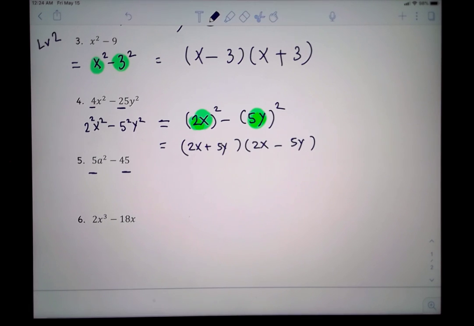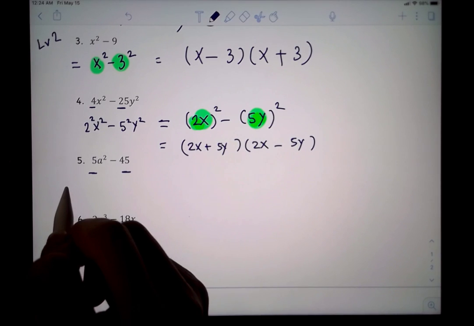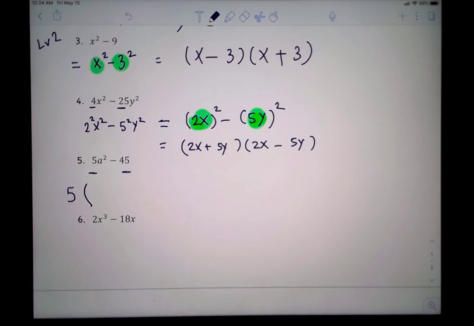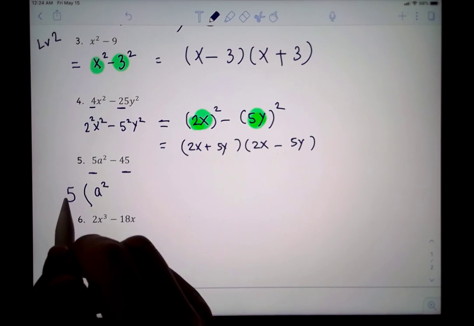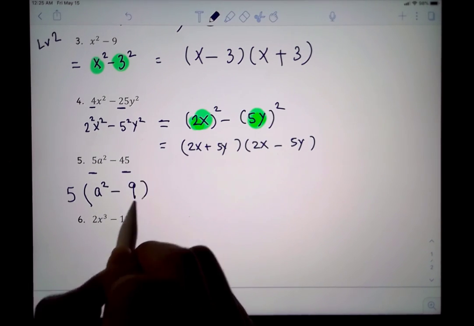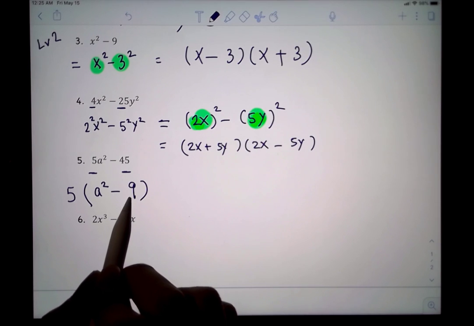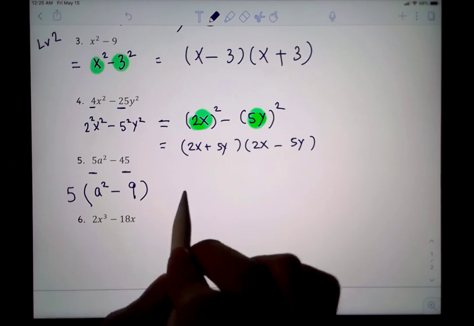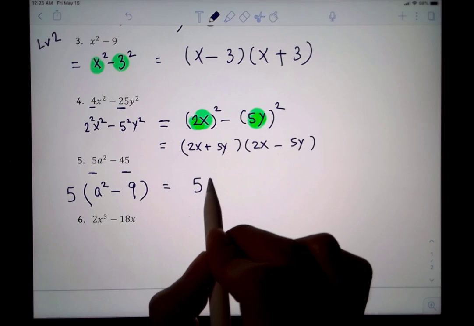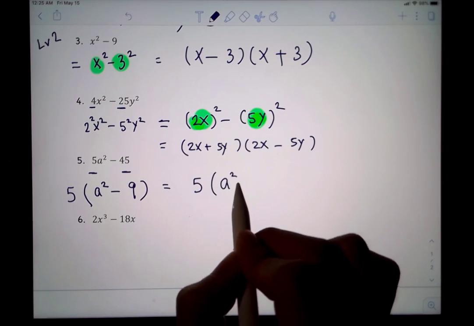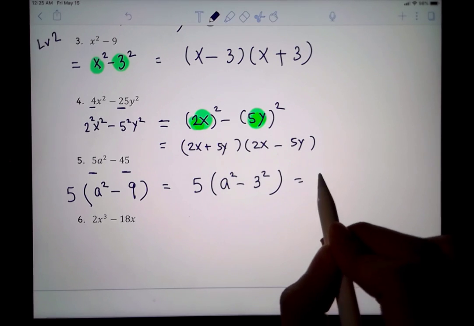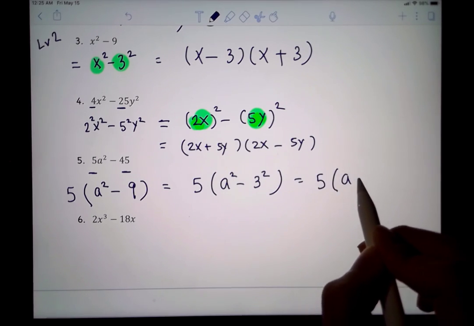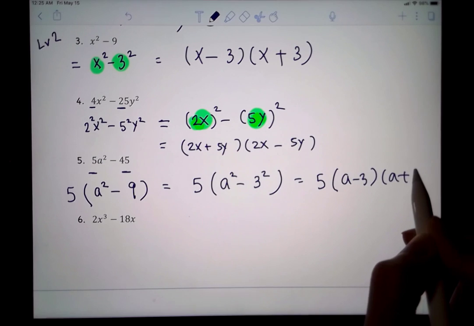Always, if you see a GCF, you need to factor that out, right? So you factor 5 out. Then you get a squared and 45 divided by 5 gives 9. Yay, you got 9. 9 is a perfect square, right? So we can do 5 times (a squared minus 3 squared). So 5 times (a minus 3)(a plus 3).